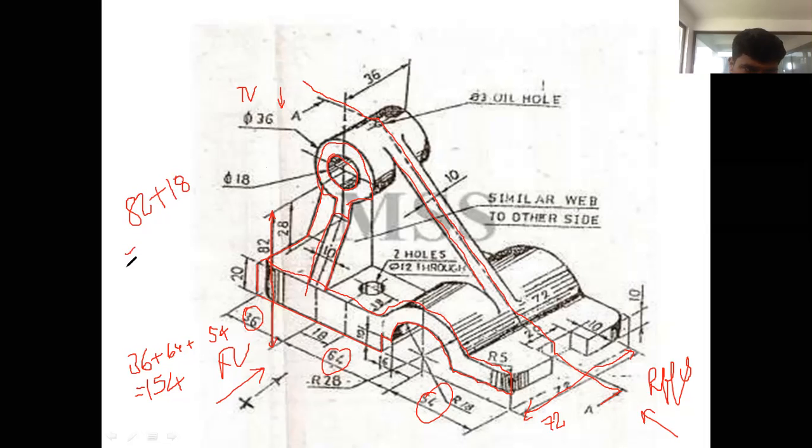So the total height is 100. This comes under the front view. You can see the gap of 6 mm, and from here to here it is 10 mm, because the total length is 20 mm.